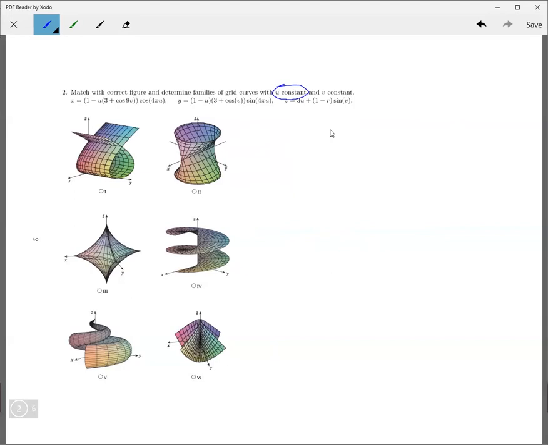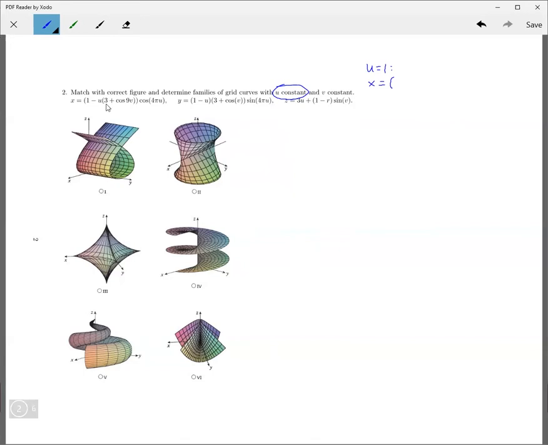That is really weird. Okay, so if we made U equal to 1, then X would be 1 minus 1.